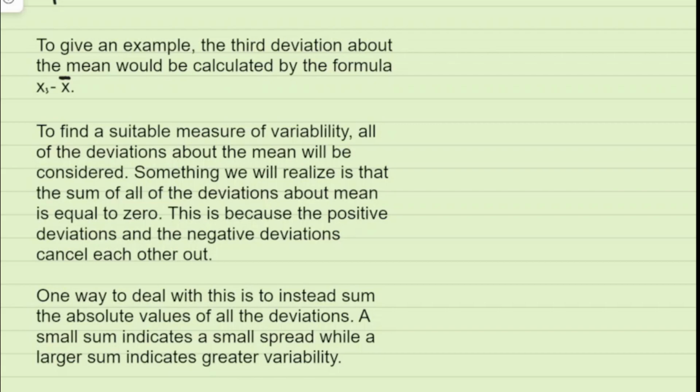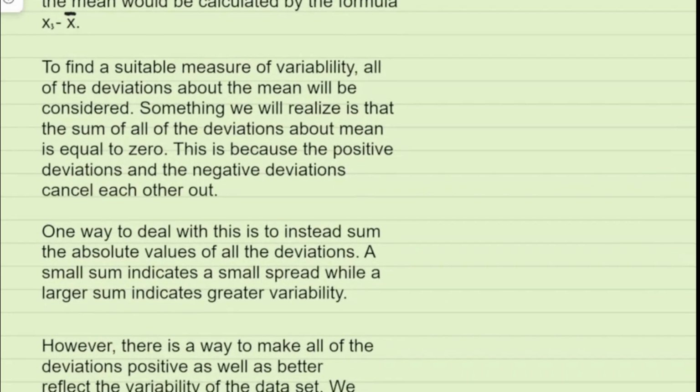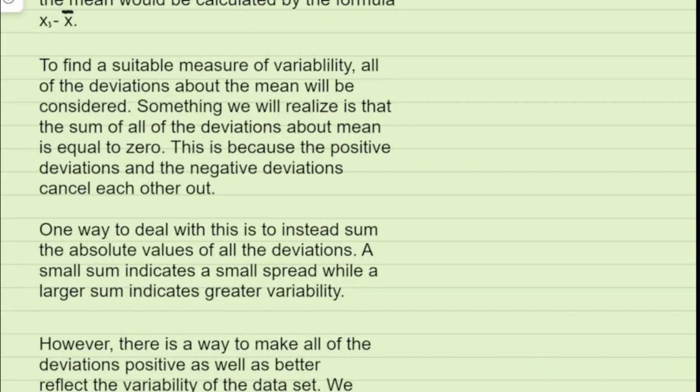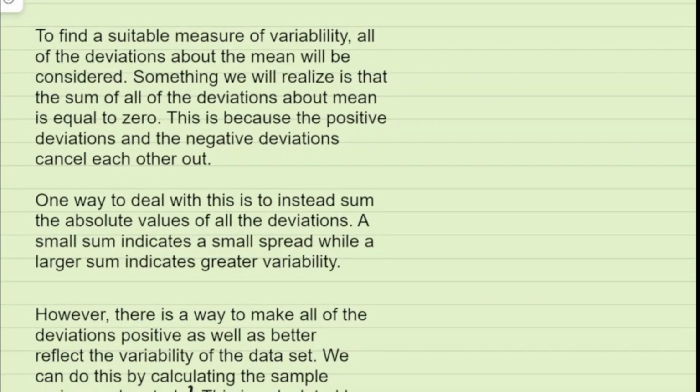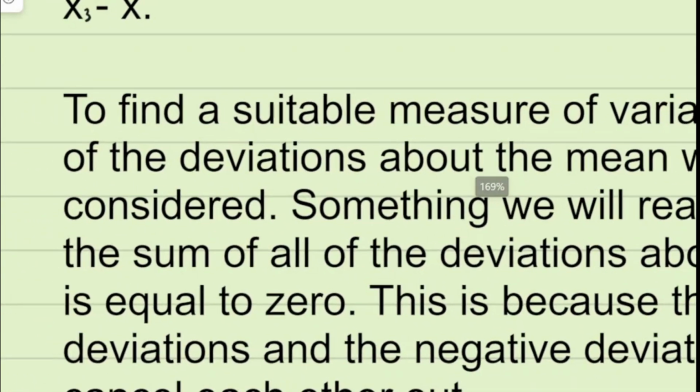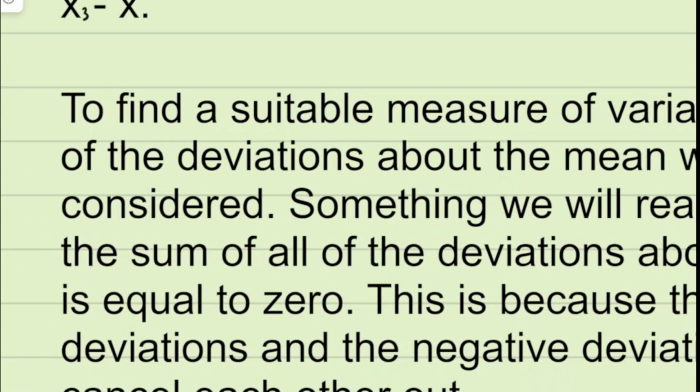It could be observation 5, 9, 11, 10, whatever. And x bar, if you remember from my previous videos, means the average of the data set denoted x. To give an example, the third deviation about the mean would be calculated by the formula x3, with 3 being the third value in the data set, minus x bar.